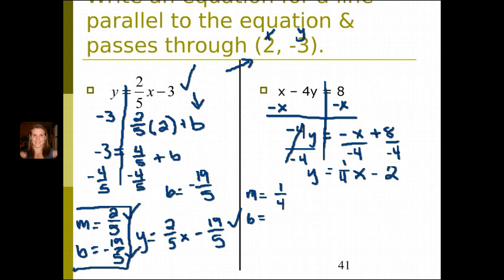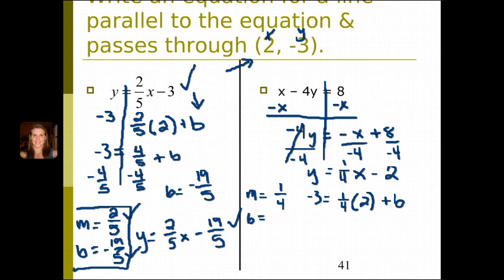So if you have more room on your paper, you can space this out a little better. But we've got negative 3 equals 1/4 times 2 plus b. So all we did was plug our x and y values into the slope-intercept equation using the slope that's parallel to the given line.